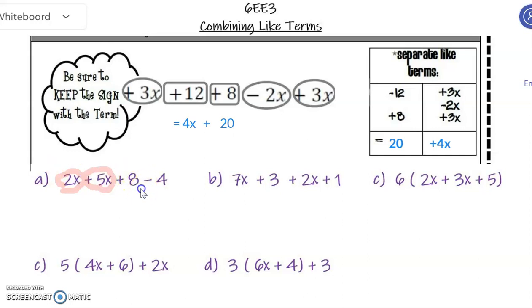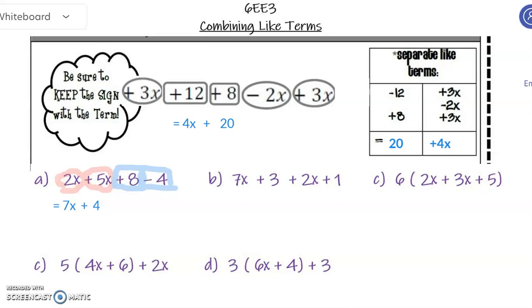Then I'm going to try to draw boxes around my positive 8 and minus 4. When I combine my like terms, I'm going to put my coefficients and variables together. So I get 2x plus 5x, which is 7x, and 8 minus 4, which is a positive 4. So my answer is 7x plus 4.